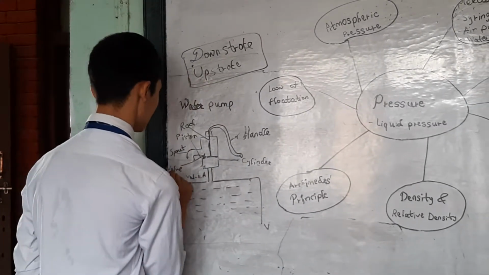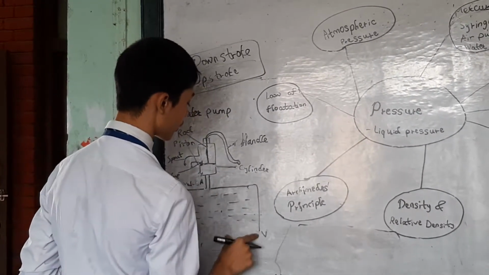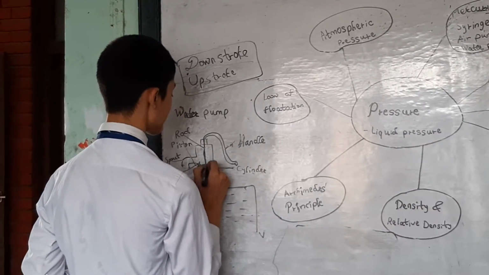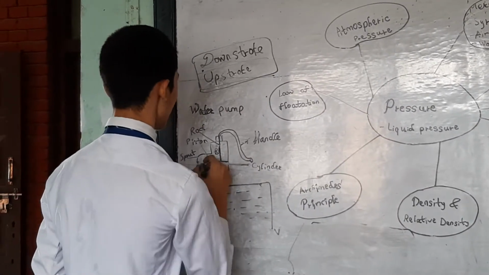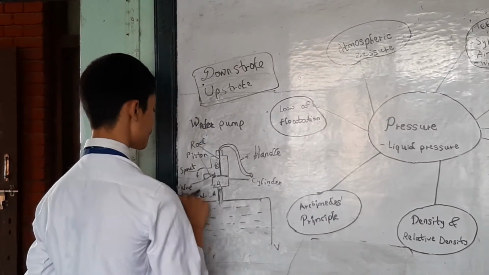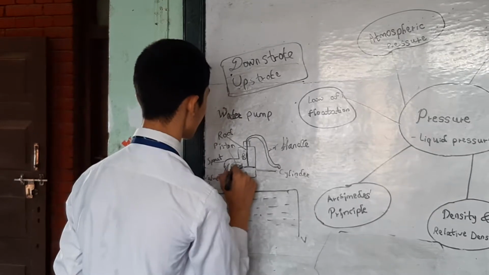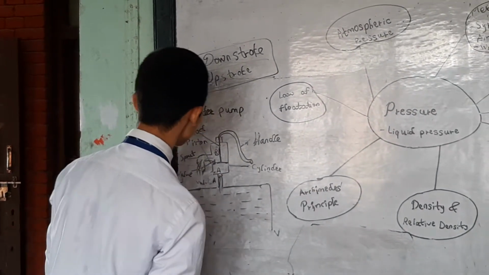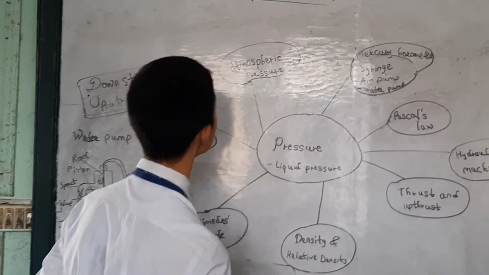By this, the water from the source can pass easily to part A, and water is collected in that part, and the water that flowed from A to B comes out from this spout. In this way, a water pump works. So these are all the topics that we need to study under pressure.